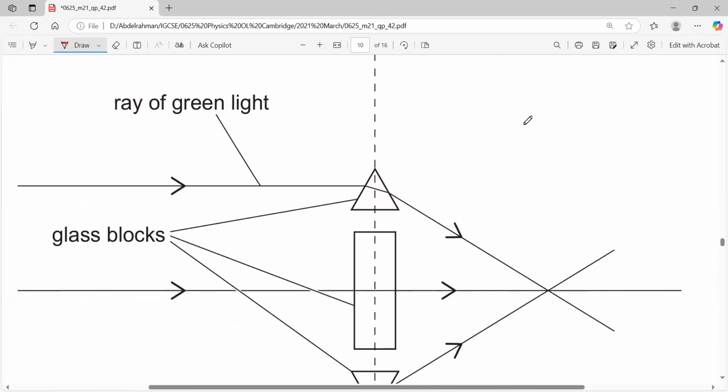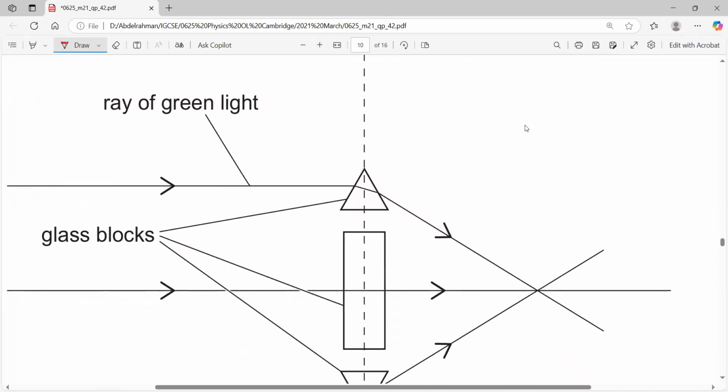Because this question might be slightly difficult. At this point, the red would be refracted less than the green. So it would be slightly above the green, and then as it goes outside, it's slightly above the green still.